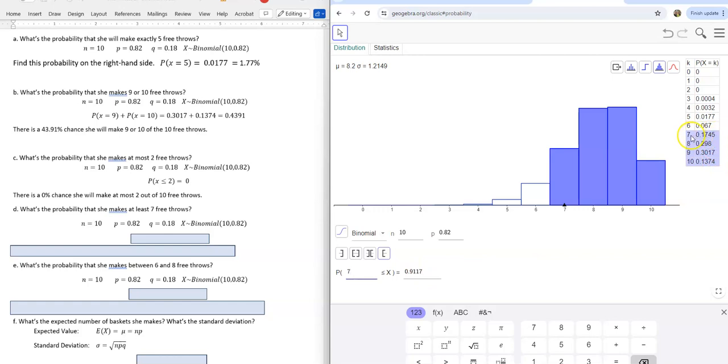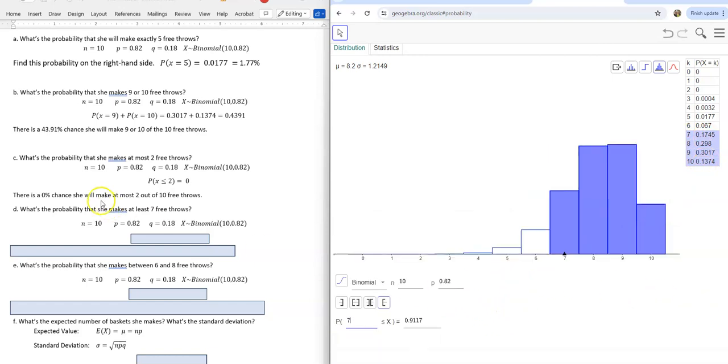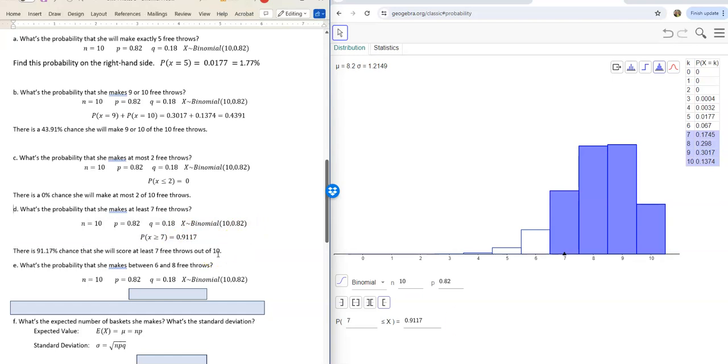If you add that all up, that's going to add up to a pretty certain thing. And so if I come back here, I can state that by moving my decimal point over 2 places, there's a 91.17% chance that she will score at least 7 free throws out of 10.